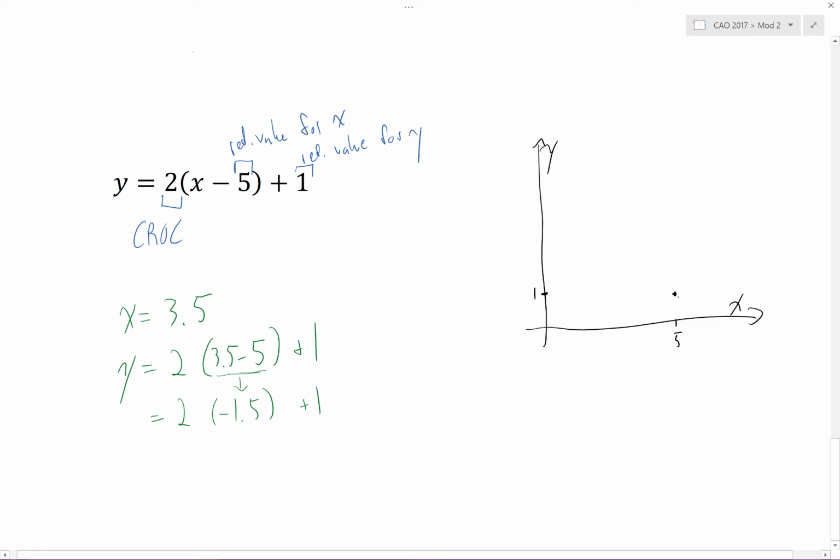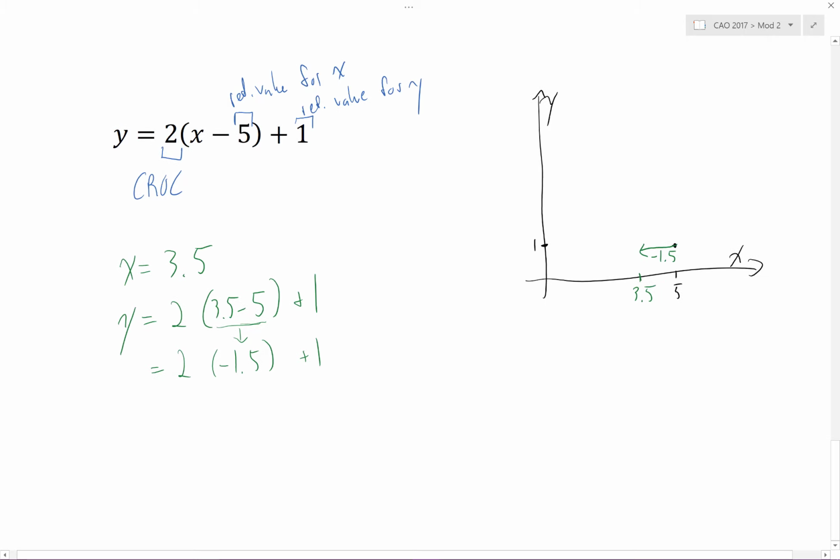And this negative 1.5 represents our change in x. So if we start at an x value of 5 and end at x equals 3.5, this negative 1.5 represents the change in x. Now when we multiply negative 1.5 by 2, that's equal to negative 3.